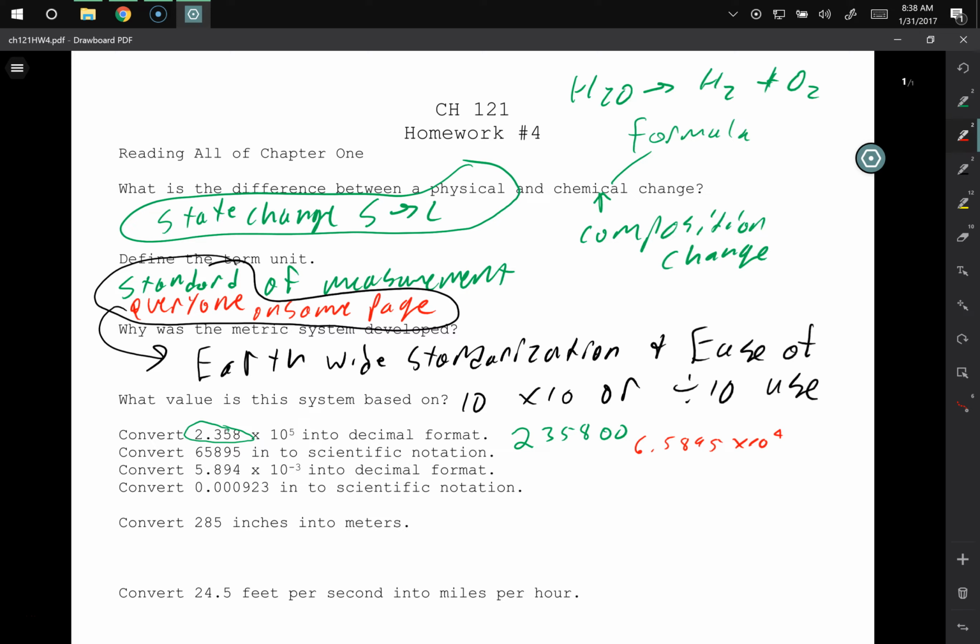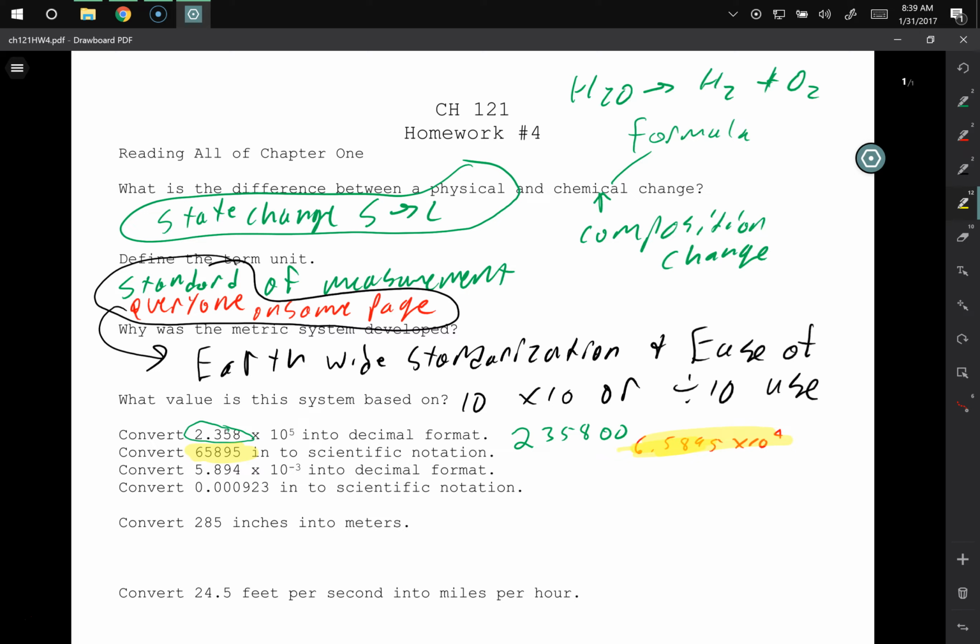So when we're doing these, what we're saying is this number right here that we've got written and this number right here are now equal to each other, right? Those two things are the exact same thing. So how do I get this 6.5895 to equal 65,895? I multiply by 10 4 times. That's it.